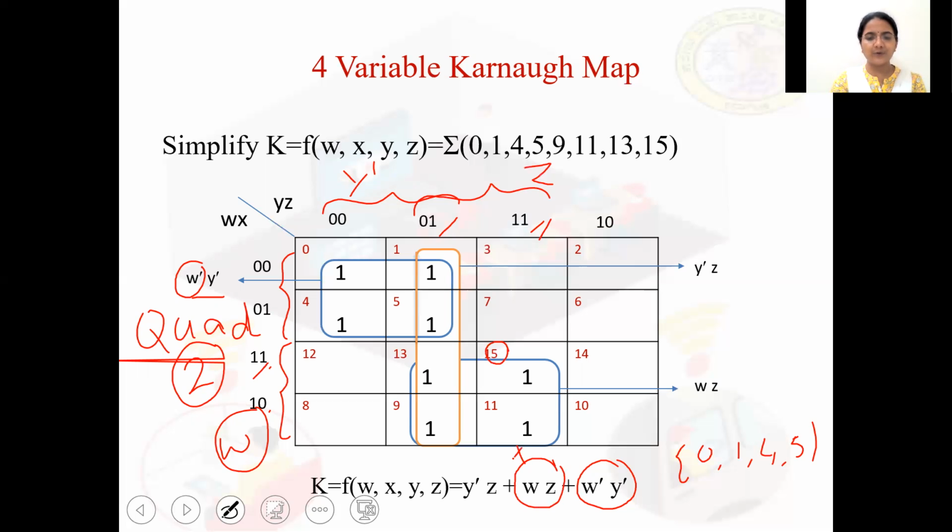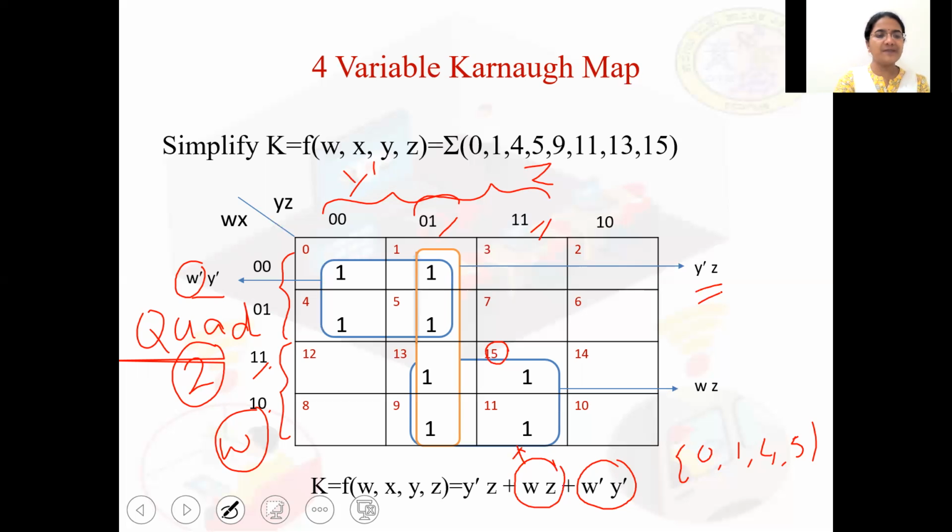Next, if you want to write all the prime implicants, then we have to group 1, 5, 13, 9 also, which gives us Y bar Z. Since here WX is changing from 0 0, 0 1, 1 1, 1 0, we can eliminate this WX.